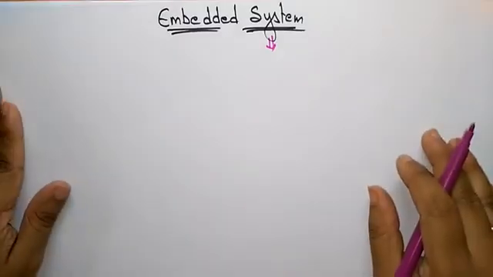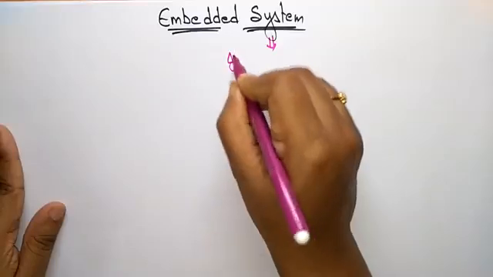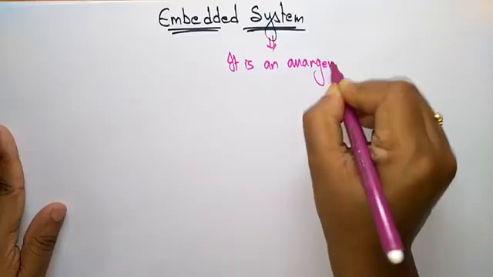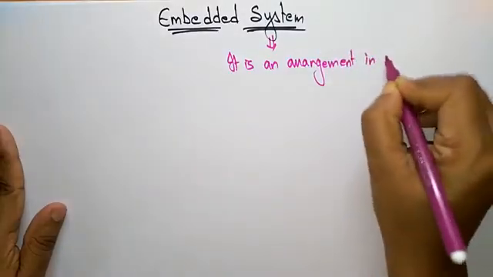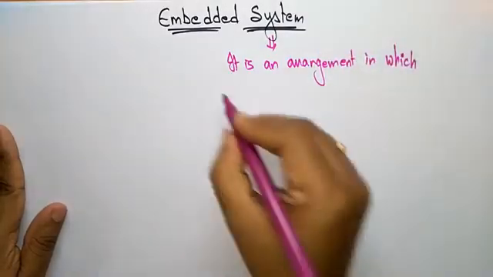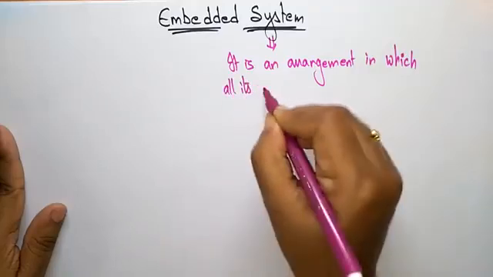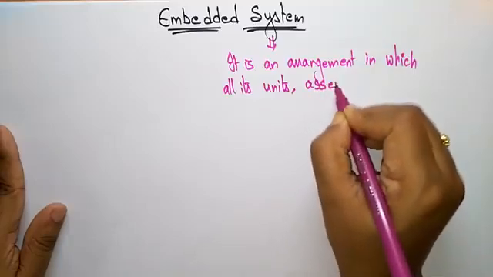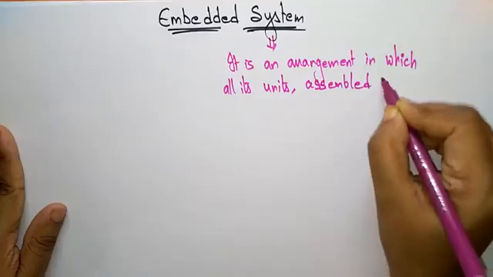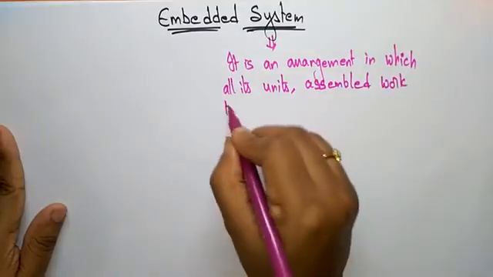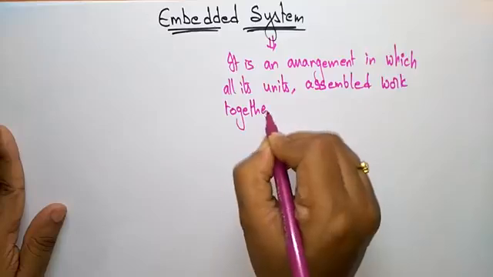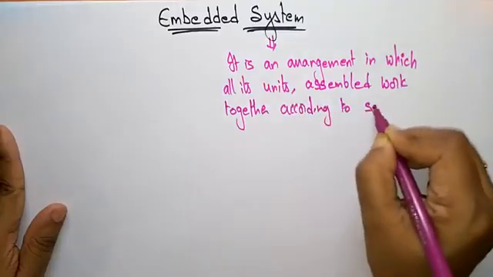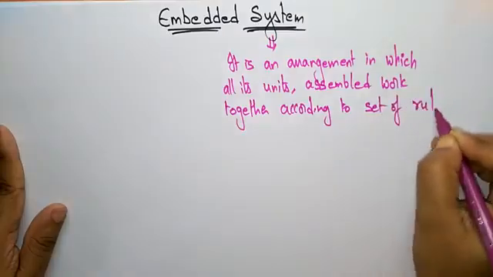That you call a system. All its components, whatever components are present, are assembled and work together according to a set of rules.